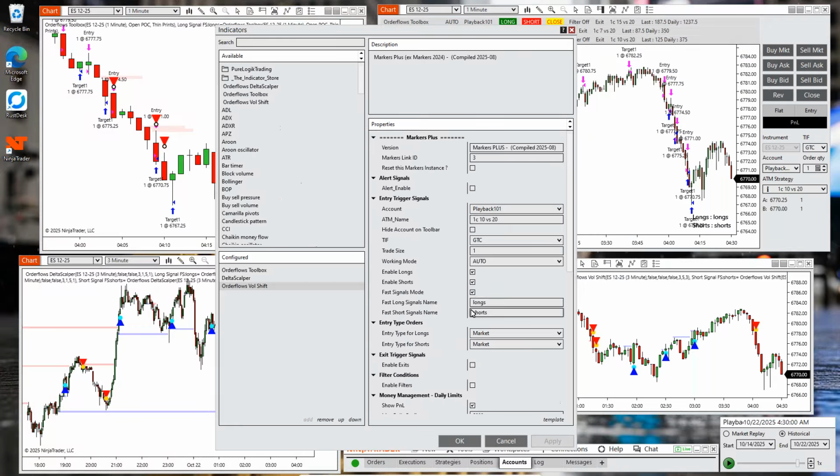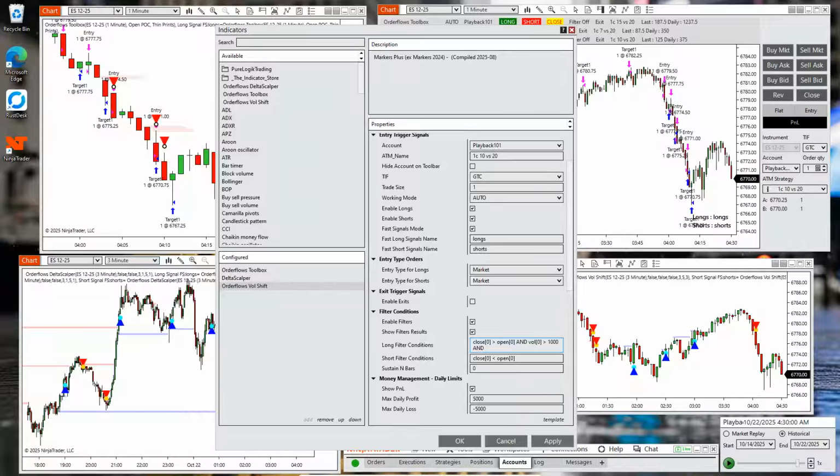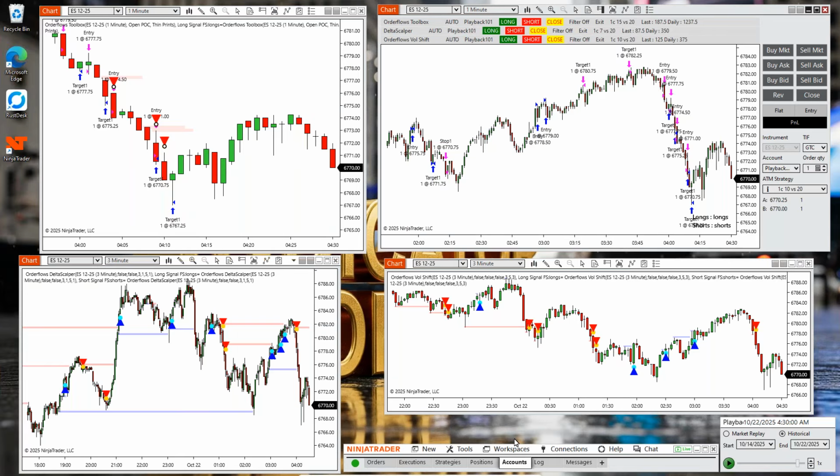But if I enable filters, I can say, okay, the close is greater than the open, and also the volume on the current bar is greater than 1000, and also this or that, etc. Yeah, you can write all the strings that you want using all the copied variables from all the charts. So it is unlimited.